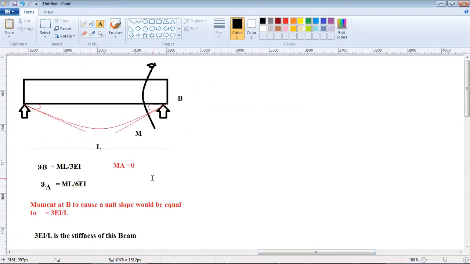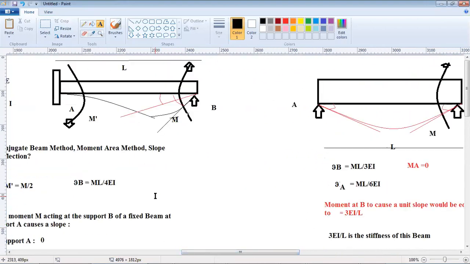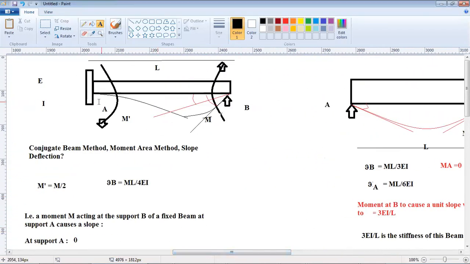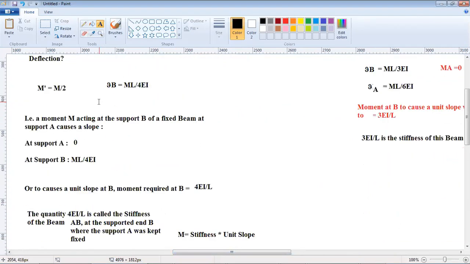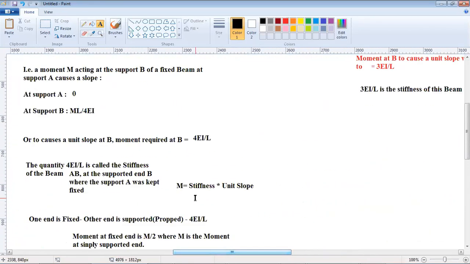So for a beam simply supported at both ends, the stiffness is 3EI by L, and for one that is fixed at one end and simply supported at the other, the moment required at end B is 4EI by L. Thereby the stiffness is 4EI by L.